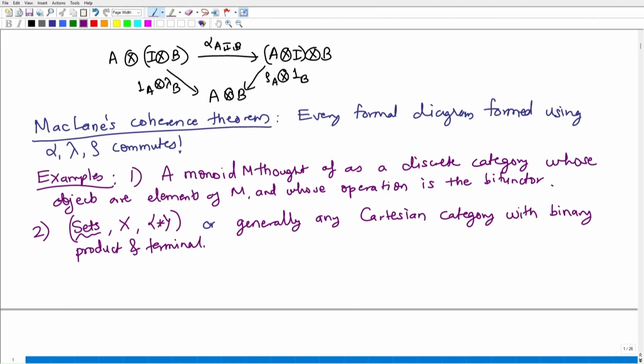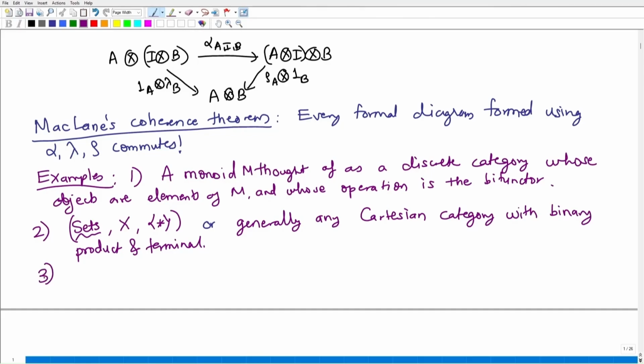However, the monoidal category, the bifunctor, doesn't really distinguish between limits and colimits. So the third kind of example that we have is sets with disjoint union and empty set. So disjoint union is what in the category of sets? Coproduct.